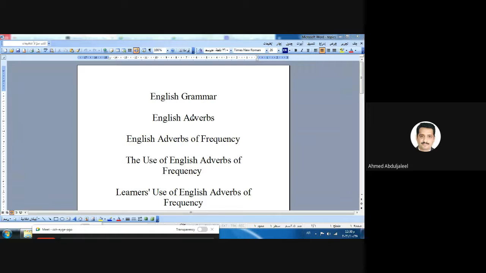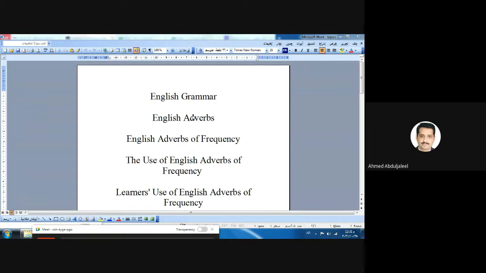You see the way we begin with English grammar, then we move to English adverbs, then we choose one type, that is adverbs of frequency, and then we limit. What do we study in adverbs of frequency? You know, adverbs of frequency are like always, frequently, rarely. So here we need just to discover the use of English adverbs. How can we use them?